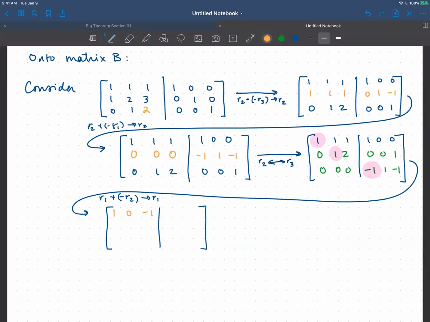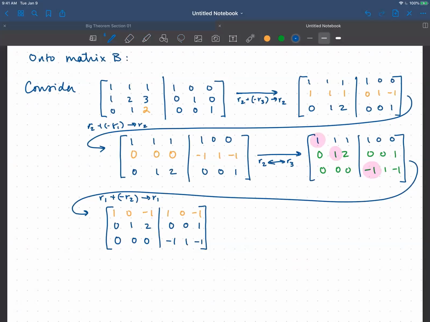And I'm going to get 1, 0, negative 1 up there as well. Do I believe that? I think I do. Row 2 is not changing, so now I have 0, 1, 2, 0, 0, 1. Got my 0 row down below, and negative 1, 1, negative 1.